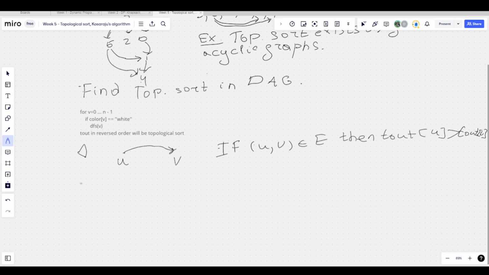Usually it is described in two cases. We compare T in of U and T in of V.